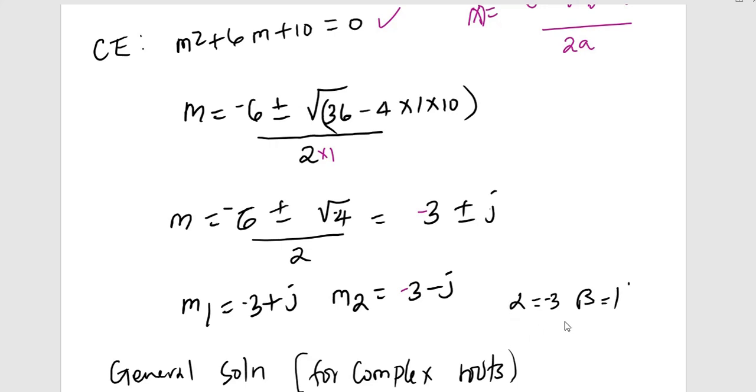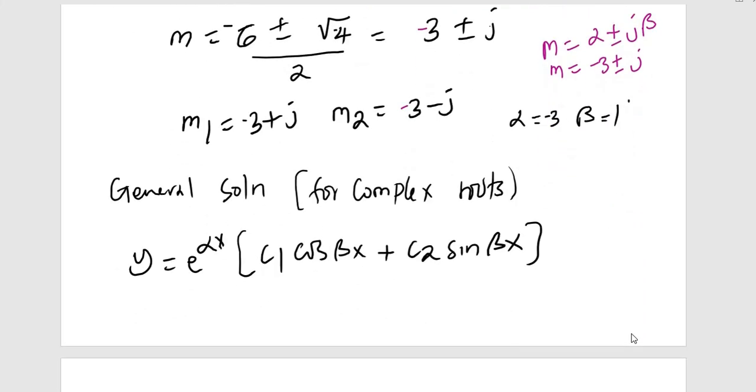Therefore, alpha is equal to minus 3 and beta is equal to 1, because this is written as m is equal to alpha plus or minus j beta. So if m is equal to minus 3 plus or minus j, then m1 becomes that, m2 becomes that, and therefore alpha is minus 3 and beta is equal to 1.